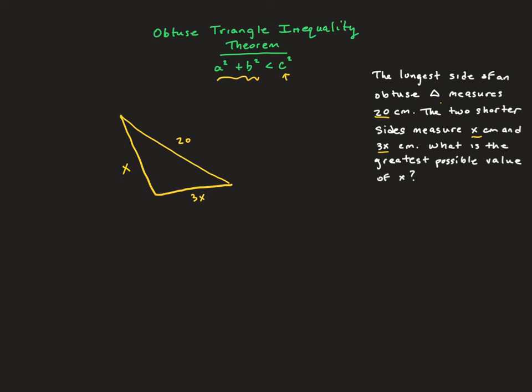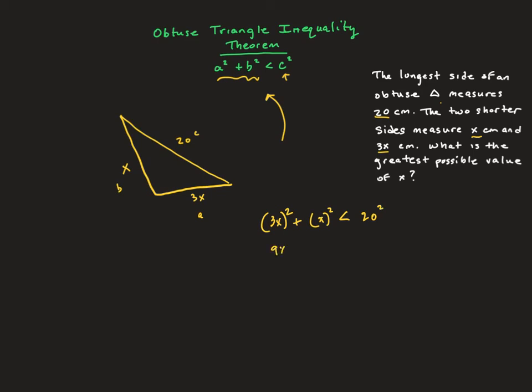We can just plug it in. Call this A, call this B, call this C, using my formula. So A is 3x squared plus B, which is x squared, is going to be less than 20 squared.